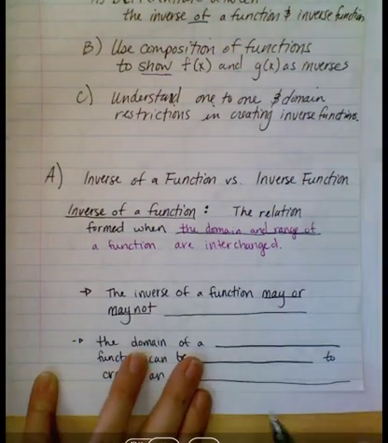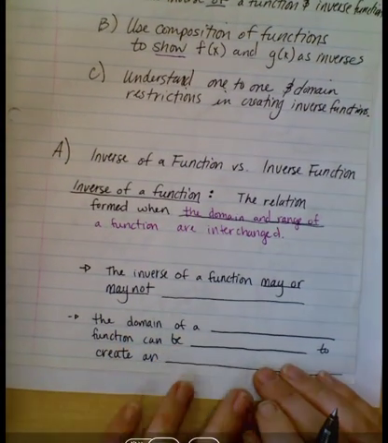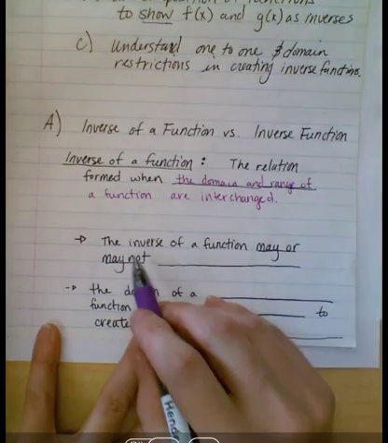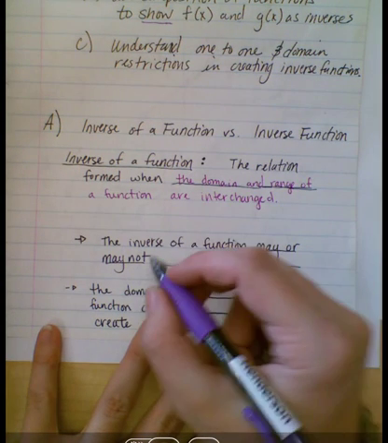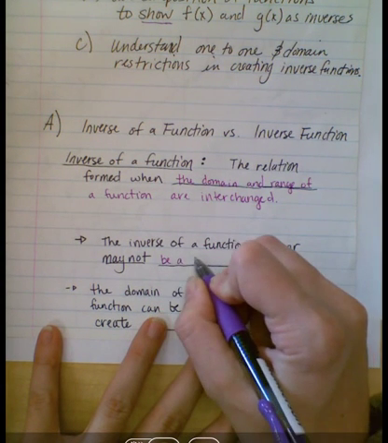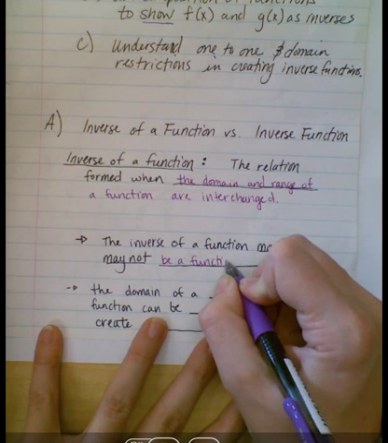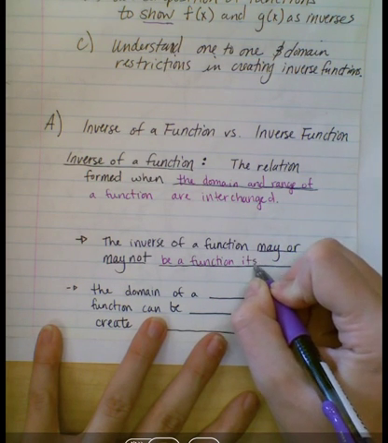In other words, the x's become the y's and the y's become the x's. The inverse of a function may or may not be a function itself. That's important to remember.